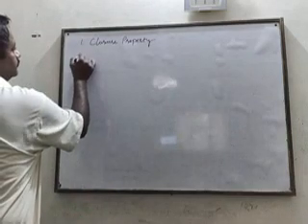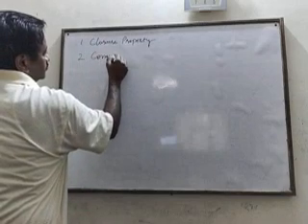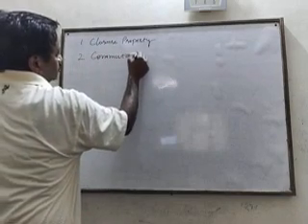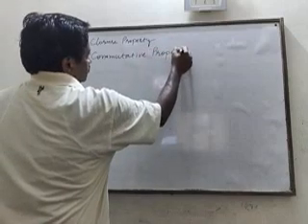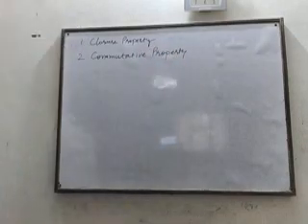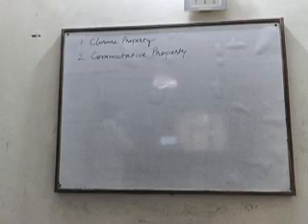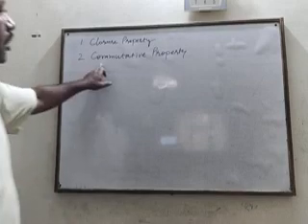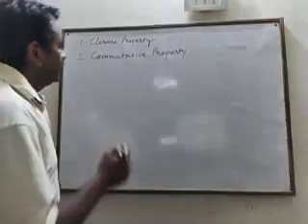Next property is commutative property. Commutative property means changing the seats. The word commutate means changing the seats.